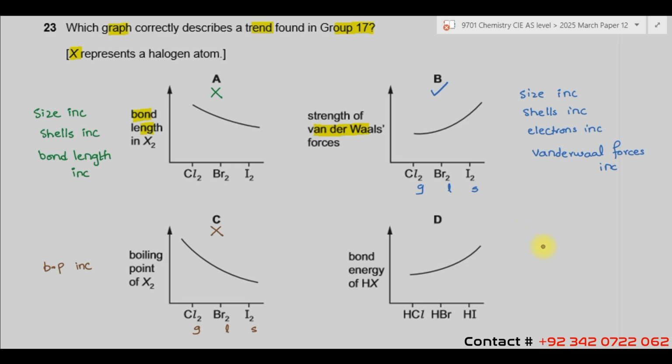So chlorine is the most electronegative, iodine is the least electronegative. So electronegativity decreases, bond strength decreases. So HCl should be highest and HI should be lowest. D is also wrong. Correct option is therefore B.